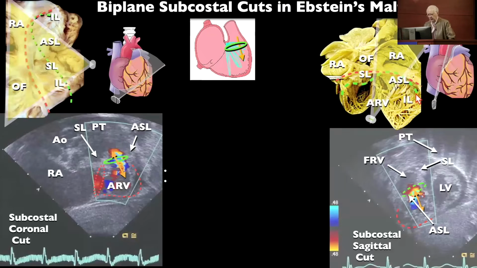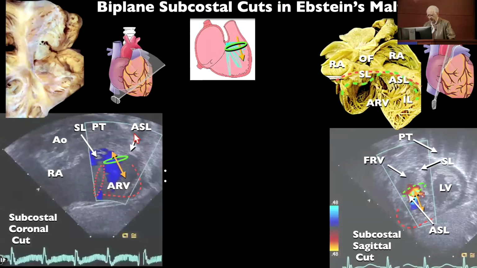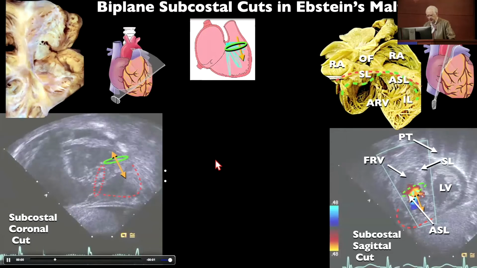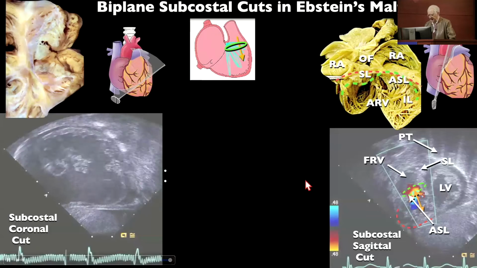Now, I've done this with pathology to show the junction and the displacement of the septal leaflet. And here the whole valve leaflet teased open with the septal and inferior leaflets being displaced and the anterior superior leaflet in normal position. But we've used this previous picture that we've shown you of the orthogonal subcostal equivalent and the coronal, that's the coronal, and this is the sagittal plane cut.